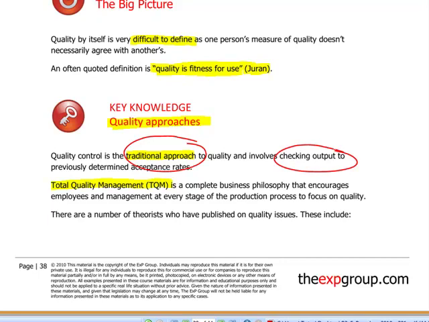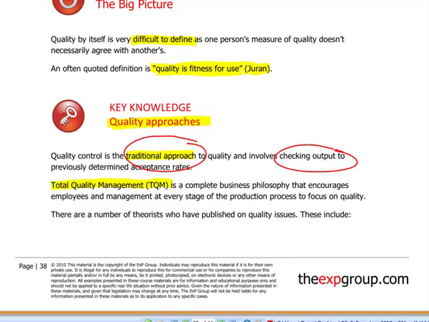outputs. So, for example, if you had a car manufacturing business where cars go through a process along the conveyor belt, the traditional approach would be based on quality control inspections, which would check the quality of the product before it was released to the public. That's the traditional one.